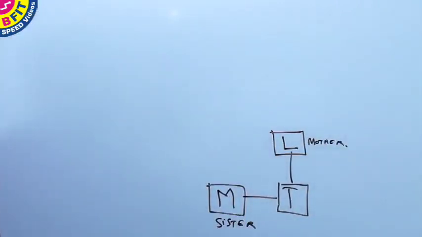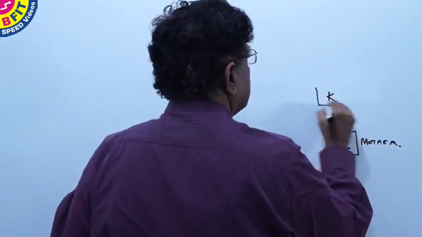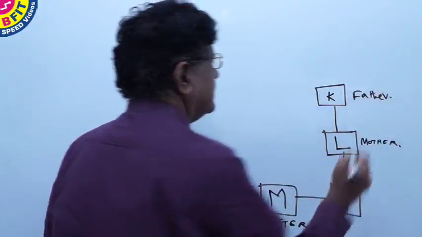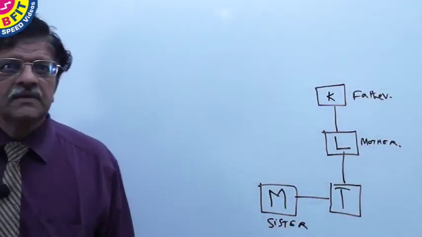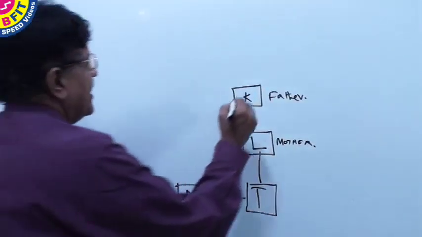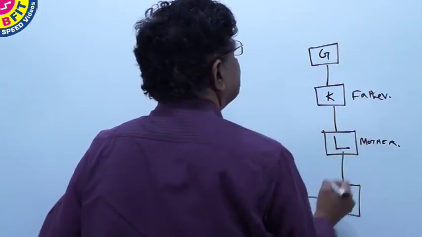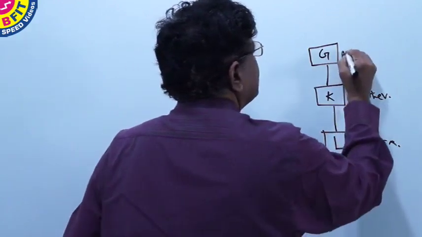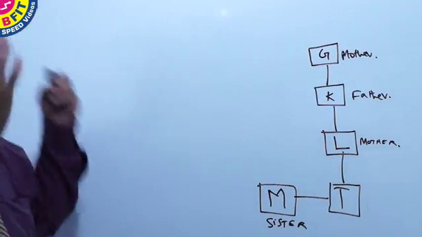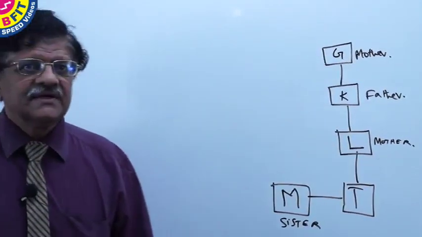K is L's father. G is K's mother. Three, 4 generations are there.